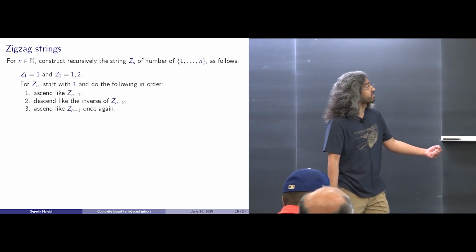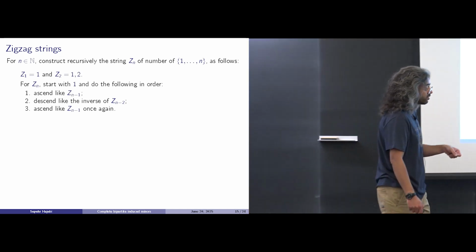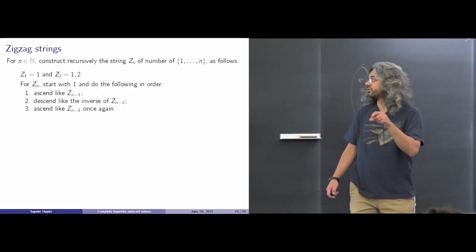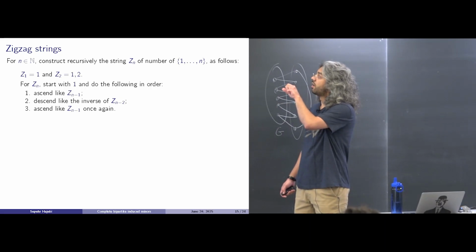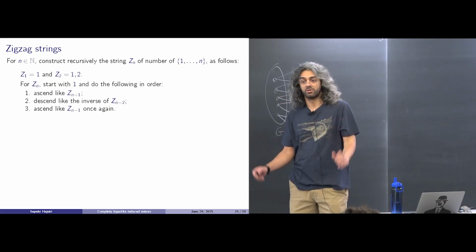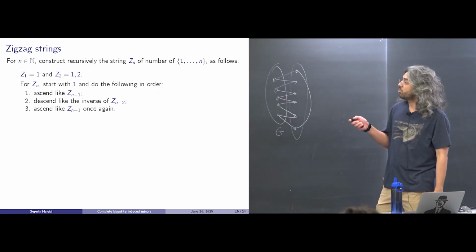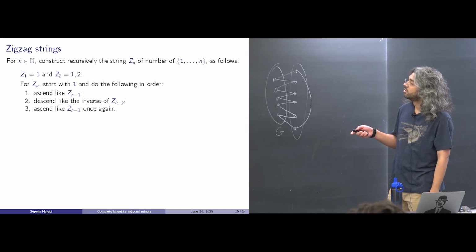The definition is recursive. For every positive integer n, the string zn has numbers 1 up to n as its elements, or characters, if you would. z1 and z2 are just 1, and 1 and 2.